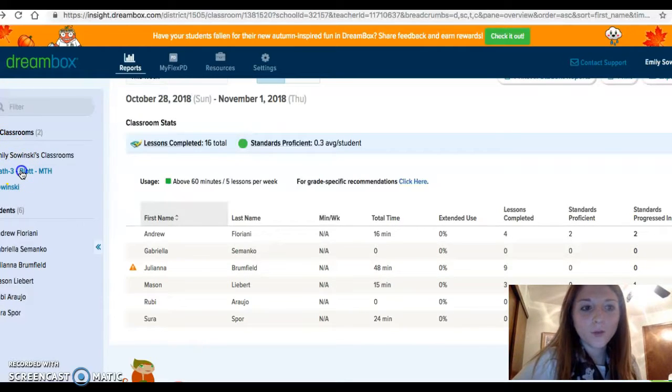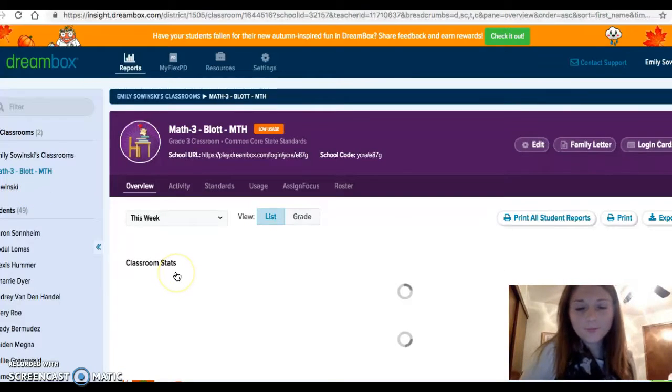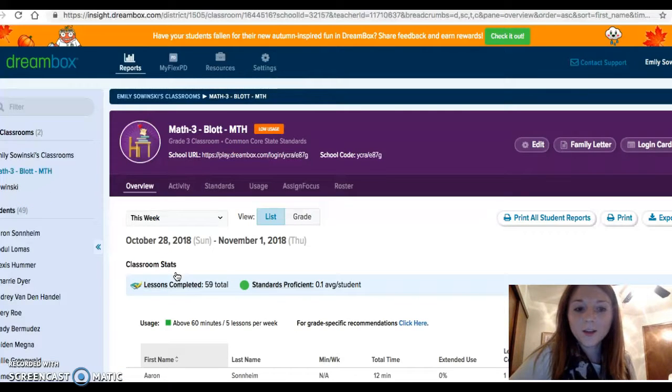If I go into the third grade classroom, again, I can look at all the kids, those that aren't in special education, but the ones that are in my math group. I can see how they're doing. It's just a great way to see where students are, where they're struggling, where they're proficient.